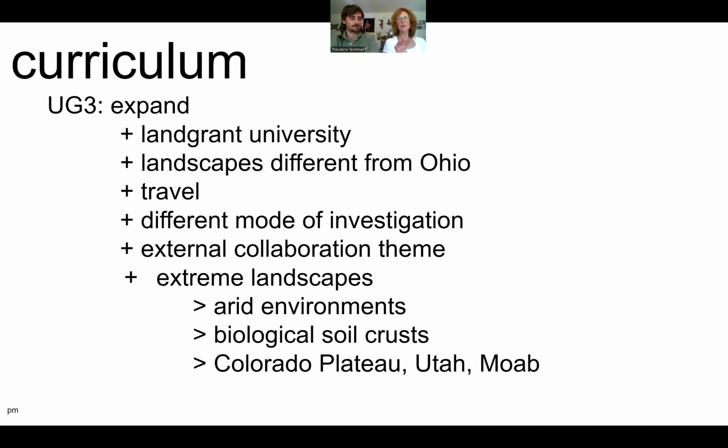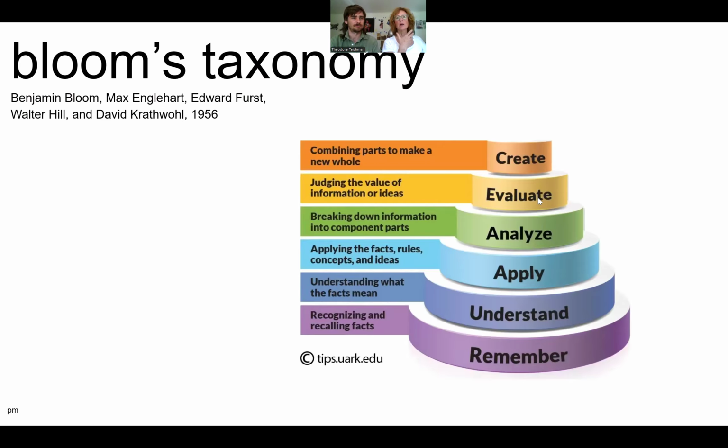This studio is in a land-grant university, and that means that a lot of our students were born in Ohio. So this studio is about expanding their learning opportunities, right? And therefore, we have taken them to Utah, and we're really researching another part of the country.